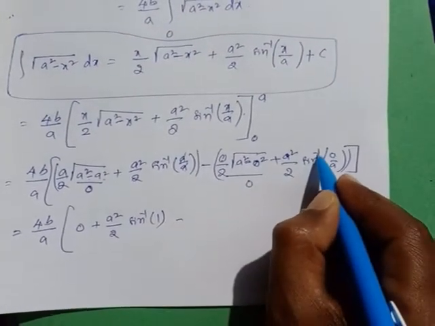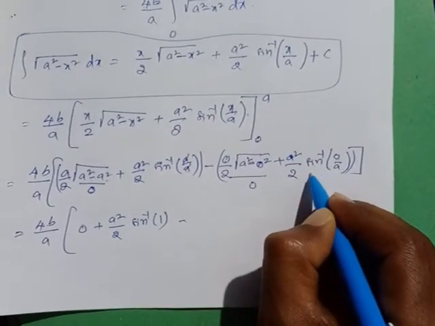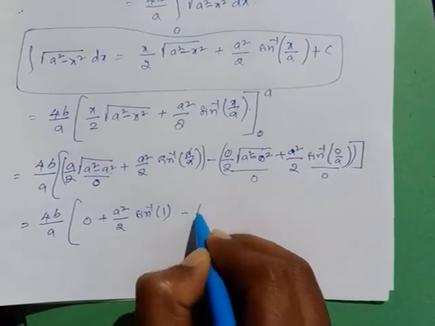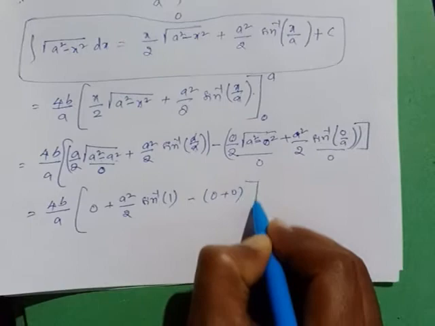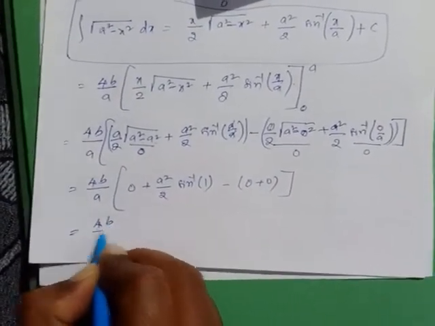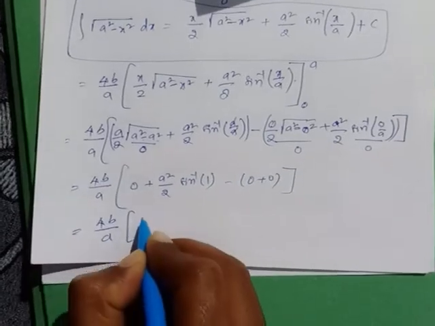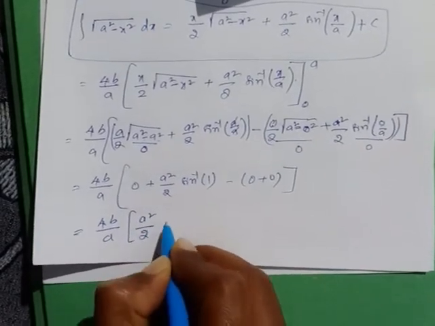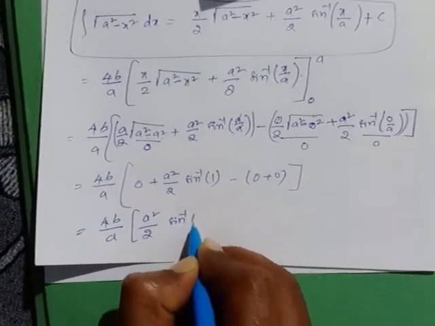We know that sine inverse 0 is 0, so 0 plus 0, that is equal to 4b by a into a square by 2 into sine inverse of 1.